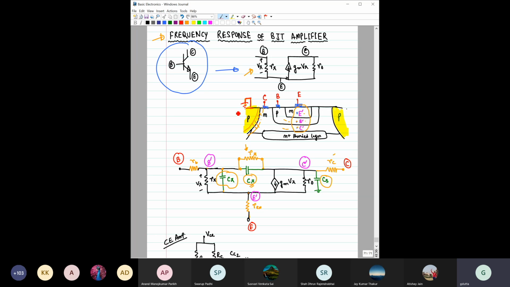The P region looks like this. After that here you have again N, again here P, again here N plus. You understand? So this is again collector, this is again base, this is again emitter. Another device will be there on this side. Are you getting my point?